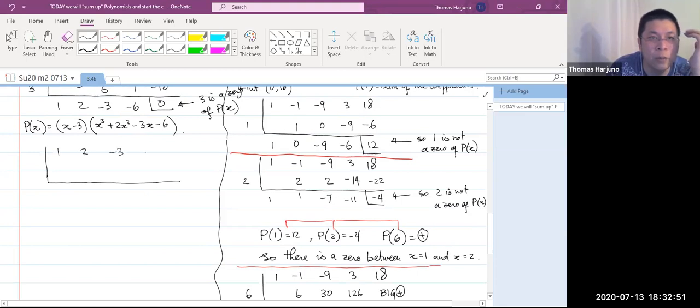Actually, you can already do factorization by grouping from here. Now we see there's only one change of sign right now, and that one change of sign is the one that we said is irrational.